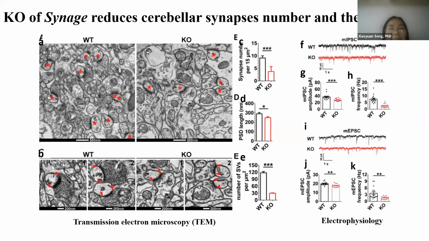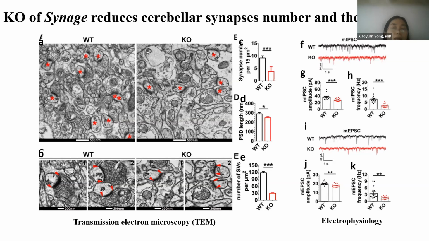We also used transmission electron microscopy to check the synapse structure, and we found that both the synapse number and the synaptic vesicles were reduced in the knockout mice compared to the wild type.